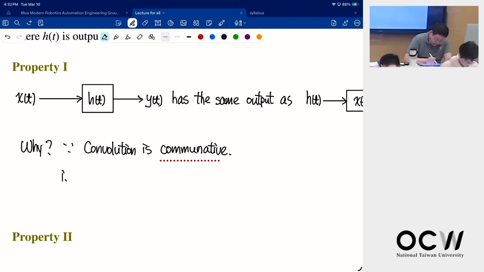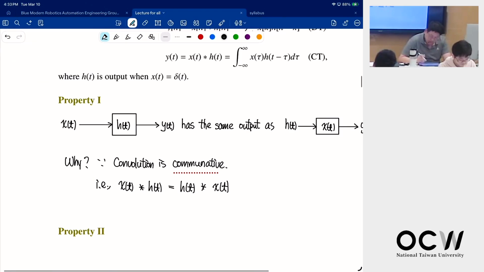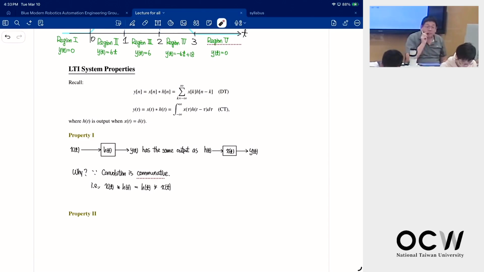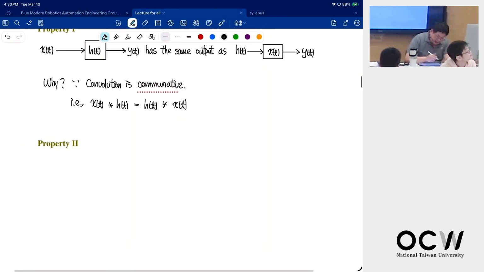Which means x convolved h is equal to h convolved x. So that's why if you switch, it doesn't matter. Pretty straightforward, right?